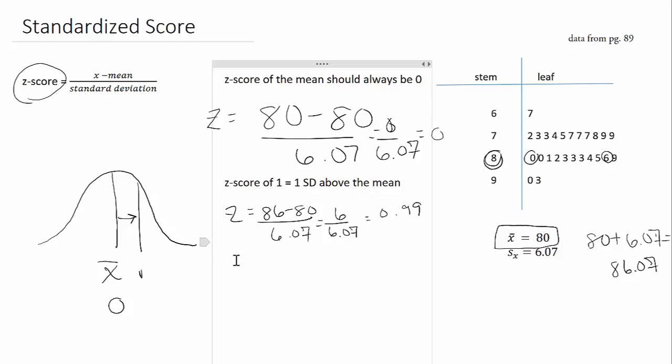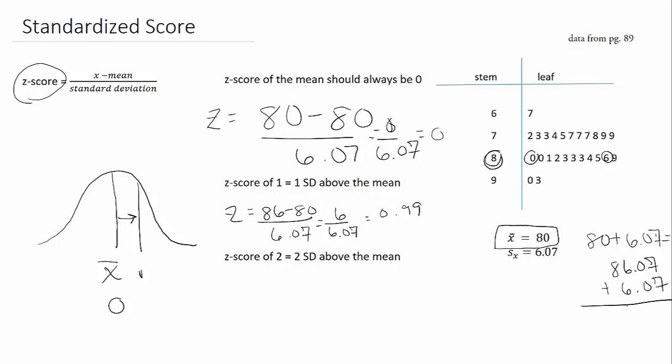If I think of 2 standard deviations above the mean, I would basically be taking this number and going 2 standard deviations above. So taking my 1 standard deviation and adding another standard deviation, about 92.414. And I have a number like 93. That's pretty close to 2 standard deviations above the mean.